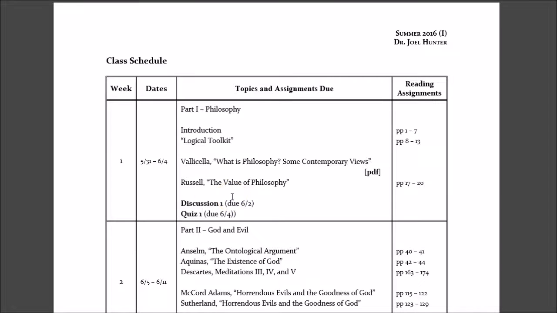And one thing to note here is that Vallicella actually pulls a quote from this part of Russell's book, Problems of Philosophy, and he uses that as one of about a dozen different definitions of philosophy, and he gives a take on each of those. That's what is in that reading. So the Russell one appears twice. You get it in the actual textbook, and then you get it in Vallicella's post.